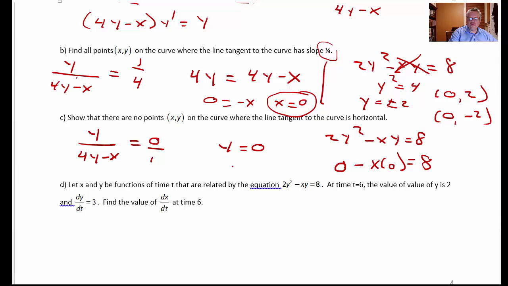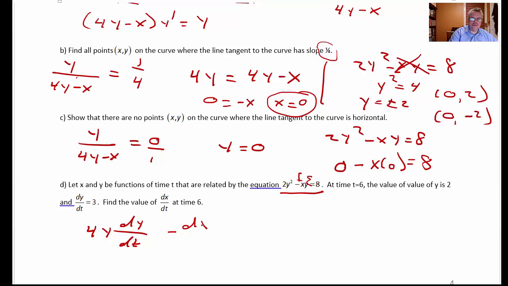So we got to take the derivative of this equation, not with respect to x, but with respect to time. So this would be 4y dy dt, minus. We need the product rule here. So this is f, this is g. f prime would be the derivative of minus x, which is minus dx dt.